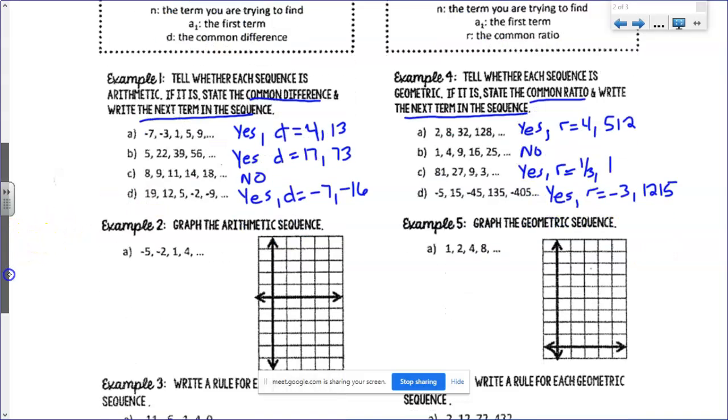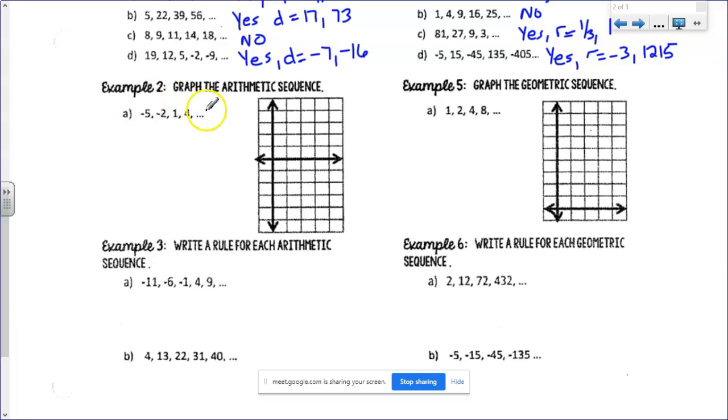Okay, so now we're going to graph. When you have the sequence, these are your y values. So this is like 1, 2, 3, 4. This is like number 1, number 2, number 3, number 4. So when x is 1, the output is going to be negative 5. So at 1, 1, 2, 3, 4, 5, negative 5.